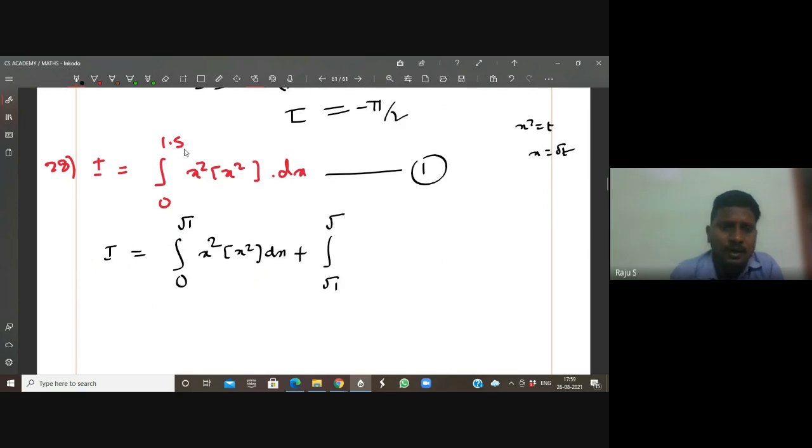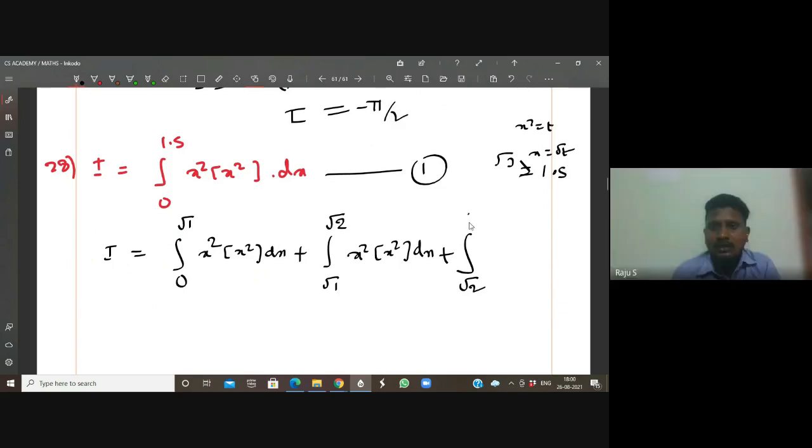Is root 2 more than 1.5 or lesser than 1.5, students? Less than 1.5, so root 2. Then x square dx, then root 2 to root 3. What about root 3? Root 3 is clearly greater than 1.5, am I right? So that is only till 1.5.